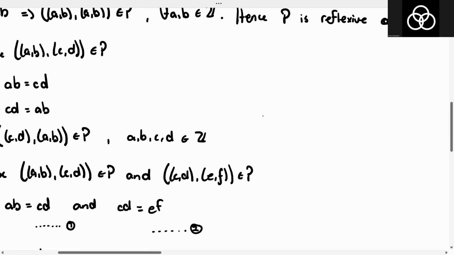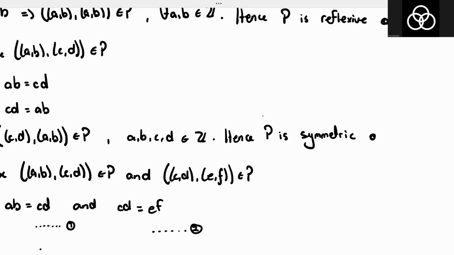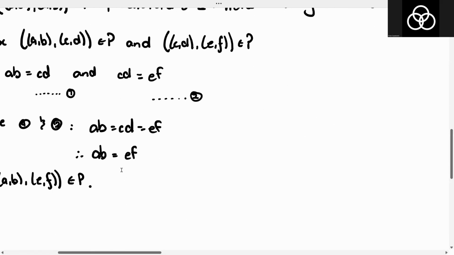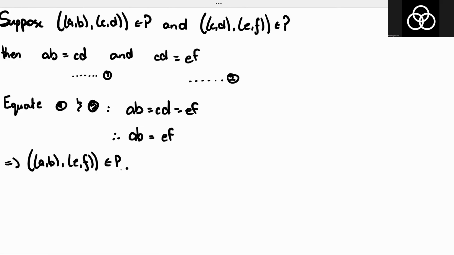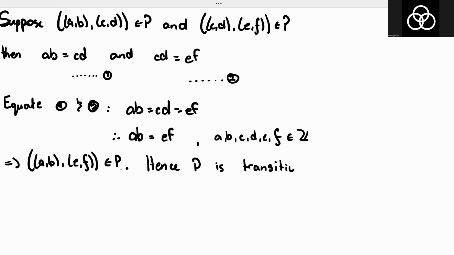So hence P is symmetric on Z cross Z. Right? And of course, this held for a, b, c, d, e, and f belonging to the set of integers. Hence, P is transitive on Z cross Z.